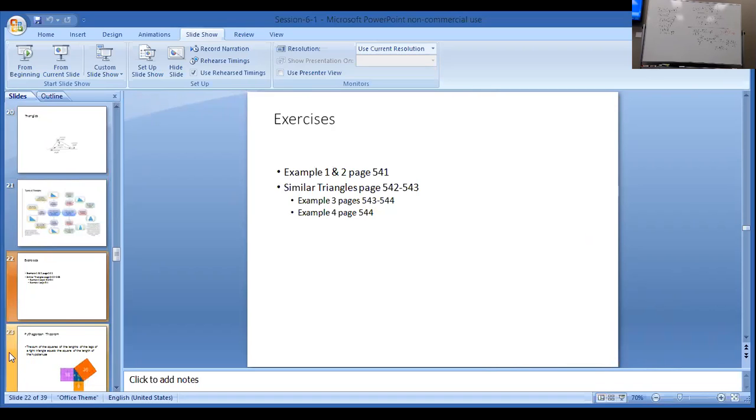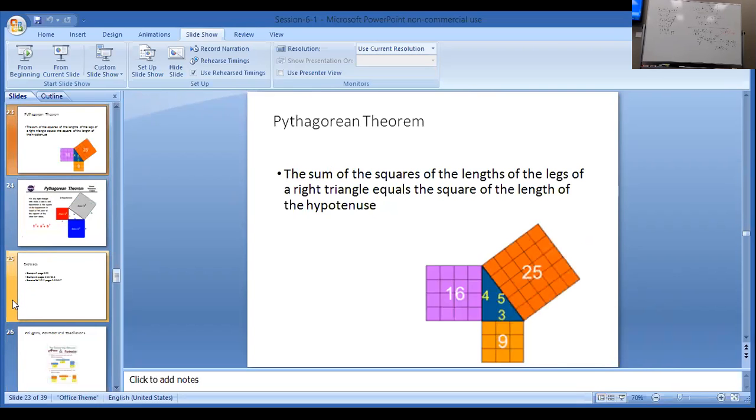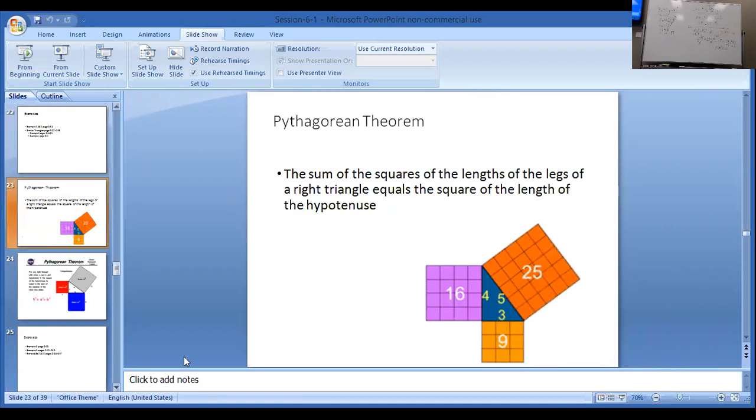Actually, we are going to the Pythagorean theorem. The sum of the squares of the lengths of the legs of a right triangle is equal to the square of the length of the hypotenuse. The hypotenuse is the side in front of the right angle. Okay, so in that blue triangle, as you can see on slide number 23, what's the hypotenuse?